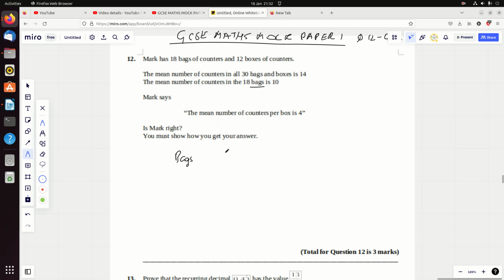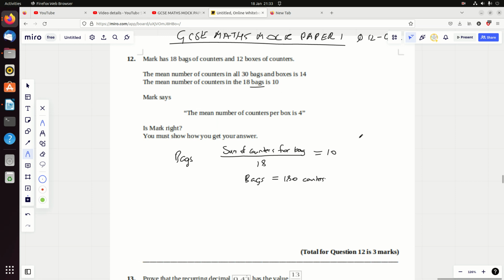We know that the sum of the counters in the bags, whatever that is, divided by 18 gives you 10. That means that the sum of the counters in the bags is 180 counters.